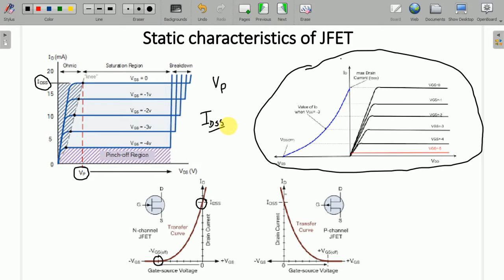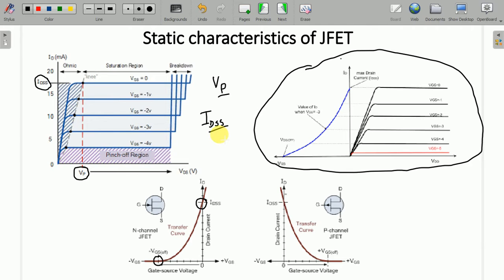I told you what IDSS is also. So, these are the important factors related to a FET. One is the pinch off voltage, and another one, as I said, is IDSS, which is called saturation drain current. What is saturation drain current? When VGS is equal to 0, it is the maximum value of ID. And what is pinch off voltage?